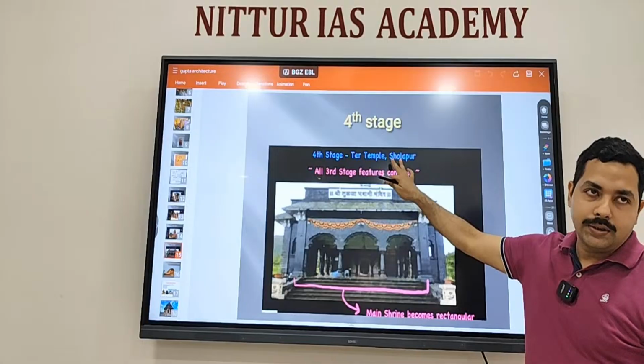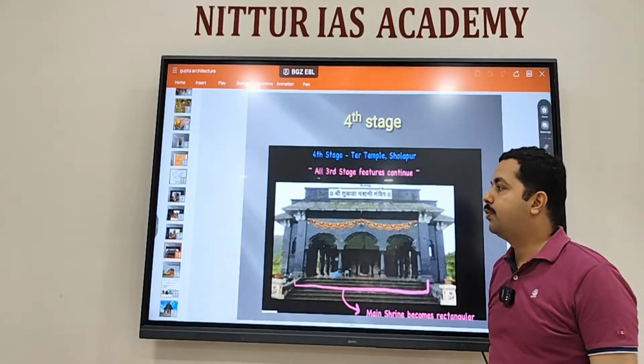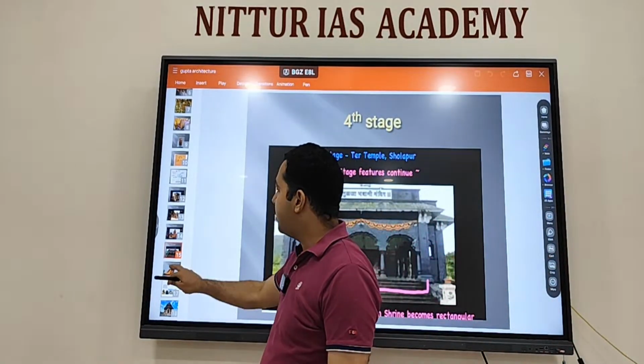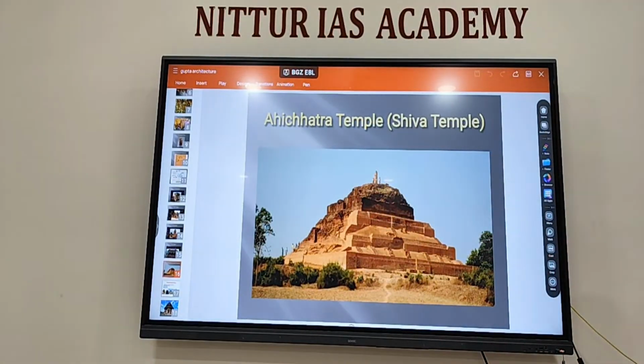And for the fifth stage, you can mention Ahichatra's temple as an example. So these are the temple evolution.